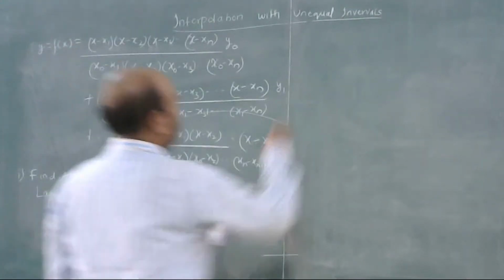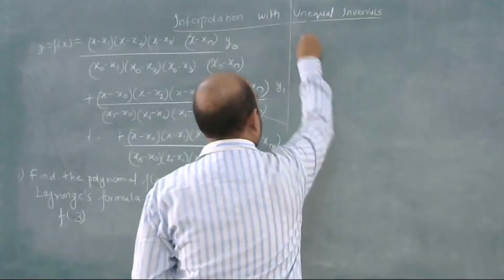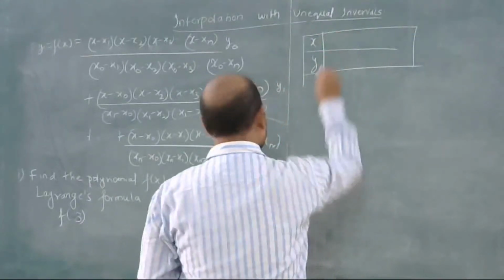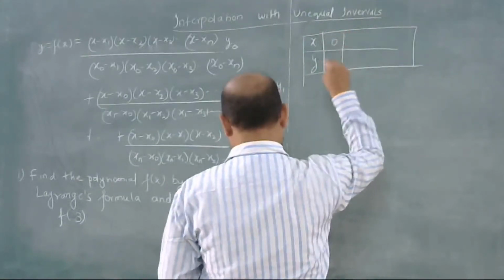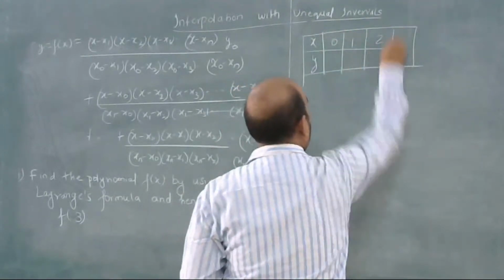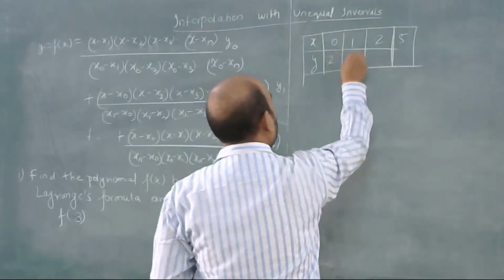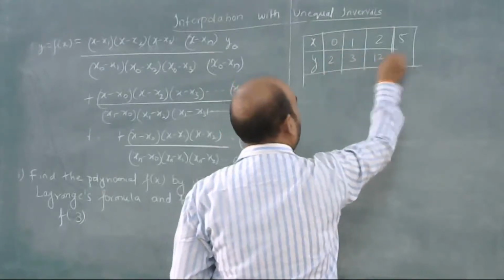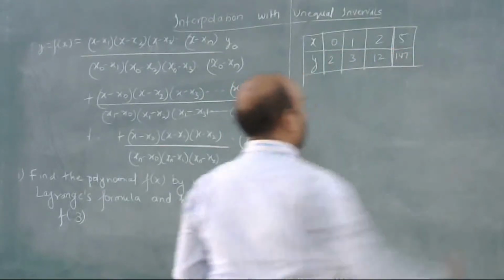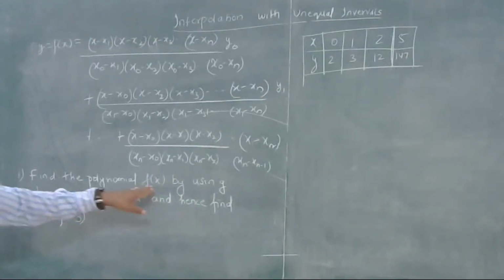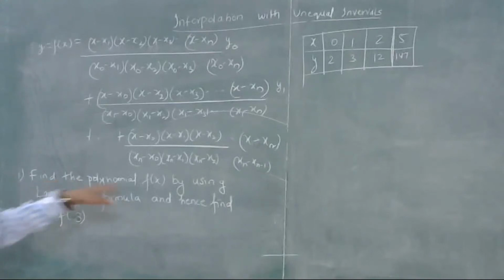So the table is given: x is 0, 1, 2, and 5; y is 2, 3, 12, 147. Okay, so this is the numerical. You have to find the polynomial f of x.